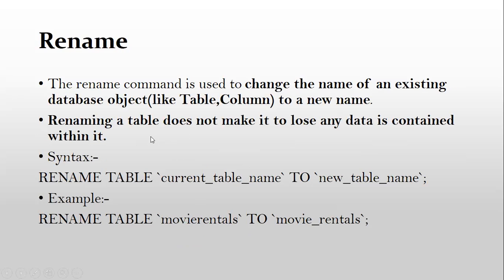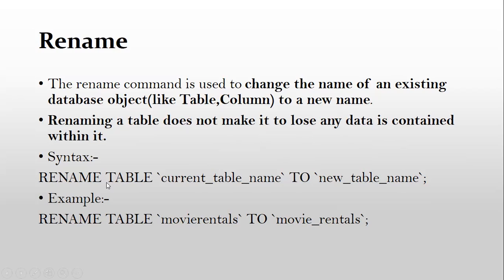The next one is rename. Rename is used to change the name of a database object, for example a table or column, to a new name. So here you need to give the current table name or current object name, and then it will be changed to the new one. The property of rename is that it does not make you lose any data contained within it.